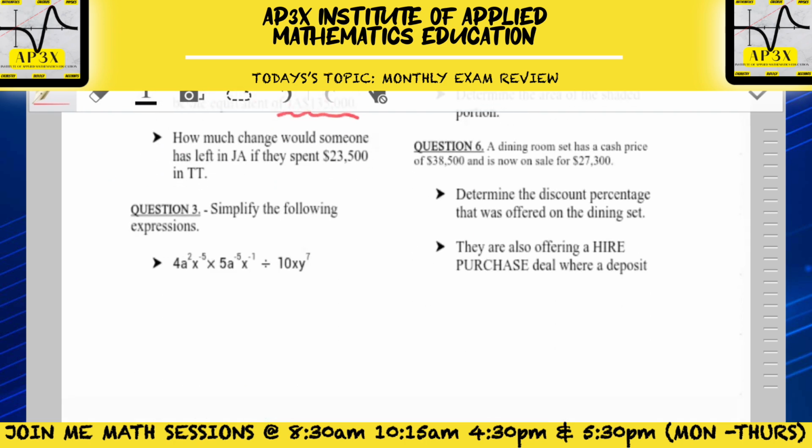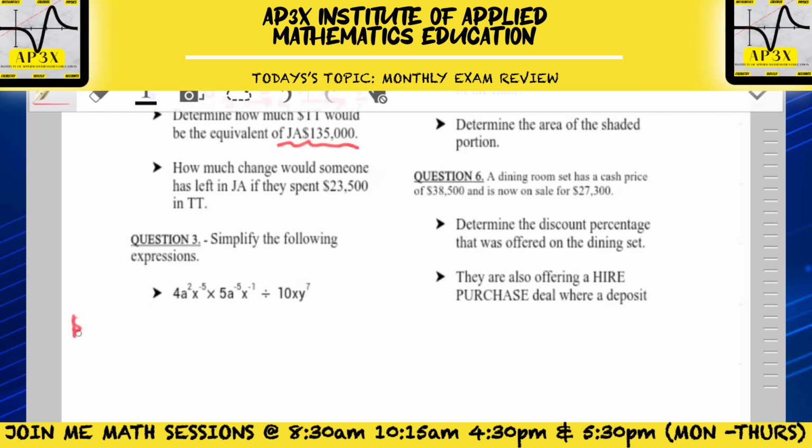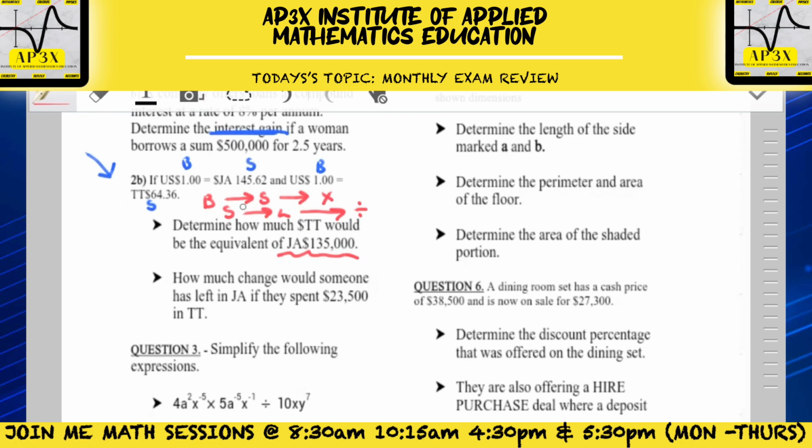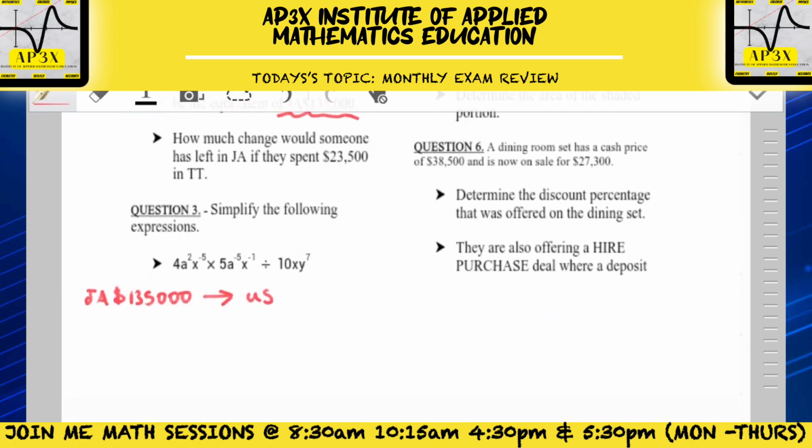So to answer this question then, we're looking at converting JA 135,000. First, it goes to the US currency. So what would we do here? We are obviously converting from a smaller unit, as we have established here, small to large. So small to large is to divide. So we're simply going to divide the 135,000 here by the value of $1 US in Jamaica.